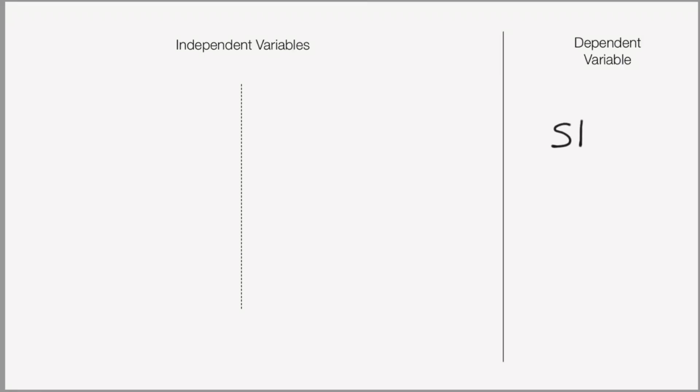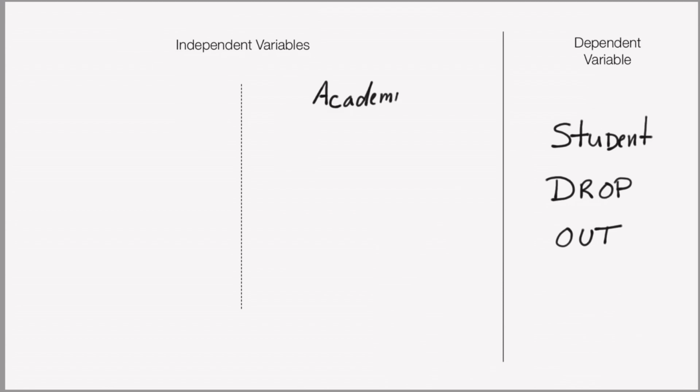So let's take an example here of a couple real variables to try to solidify these concepts of proximate causal relationships and remote causes. Let's say that we are in higher education and that one of our outcomes we're studying is the student dropout rate. We might theorize, perhaps hypothesize, that academic performance is a proximate causal force on student dropouts.